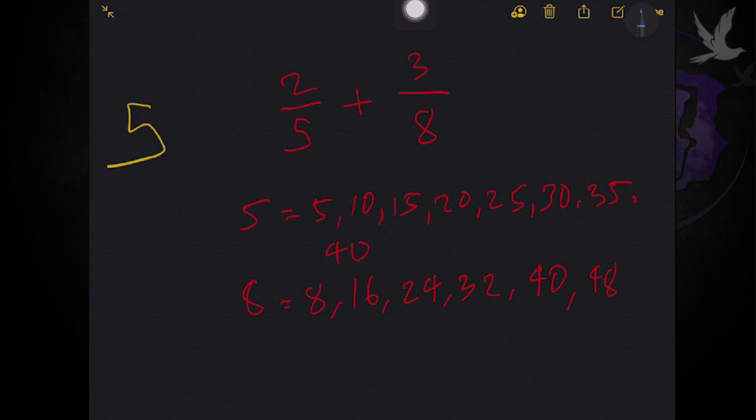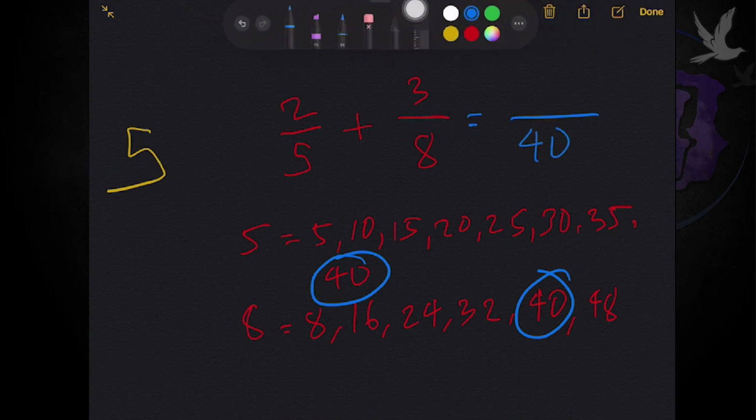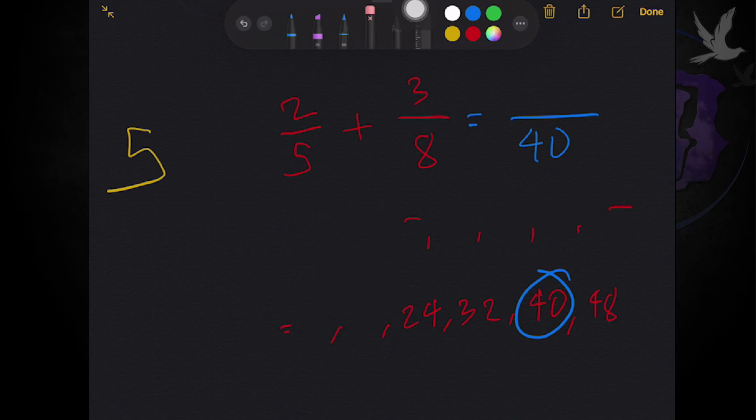If you notice, we now have the common 40. So we can now say that our denominator here, or least common denominator, or LCD, is 40. So erase natin itong mga information dito para mas madali nating ma-process. Okay.